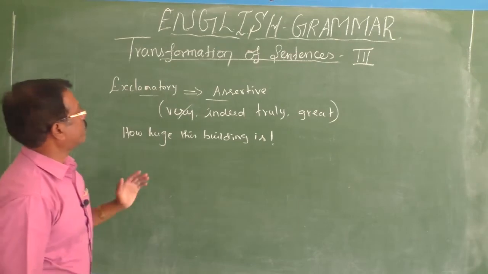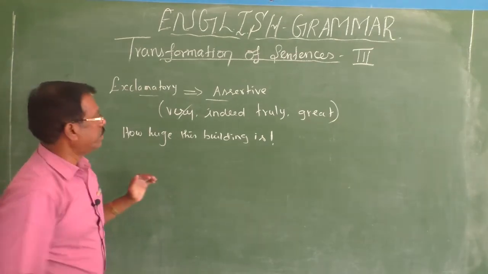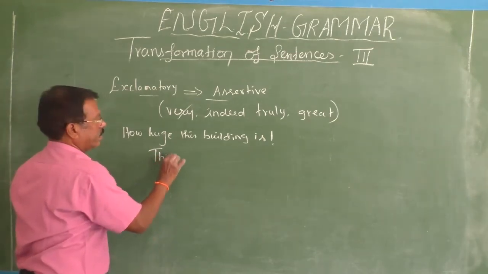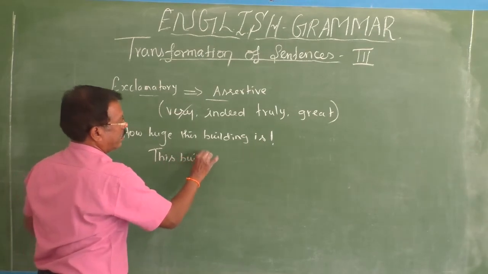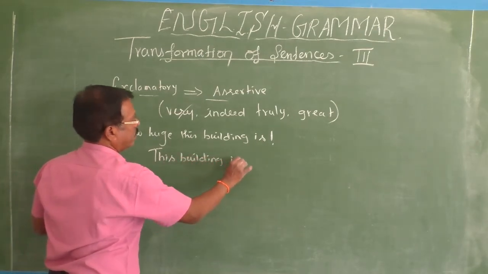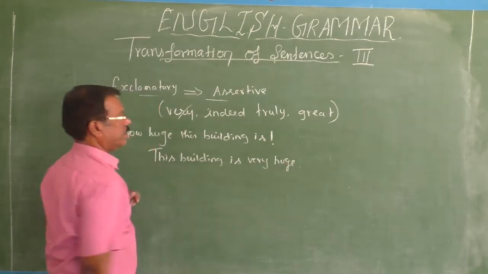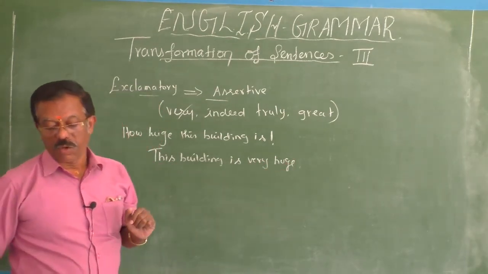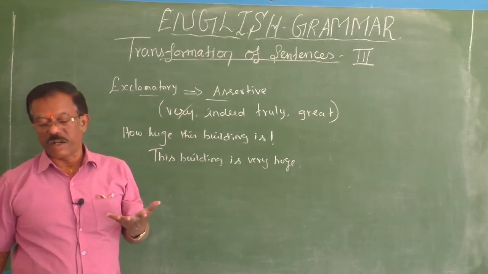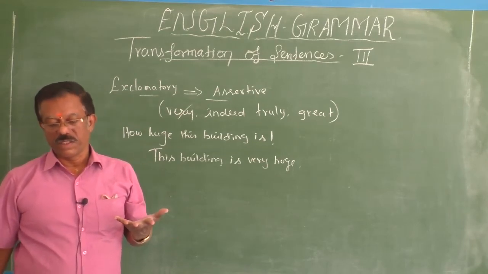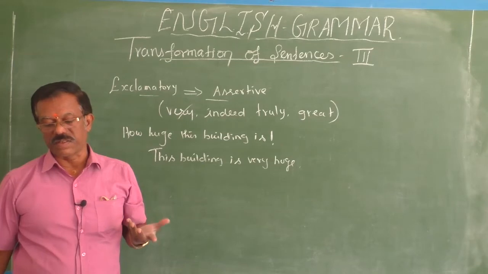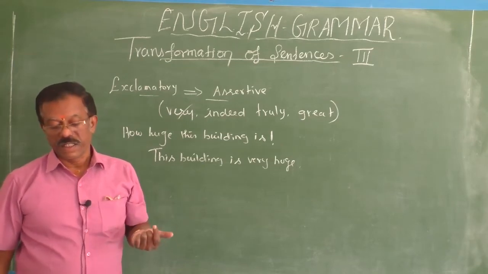So here you have to change it into an assertive: This building is very huge. What a terrible mess you have made of this dish. You have made a terrible mess out of this. Sometimes you may have sentences like that.